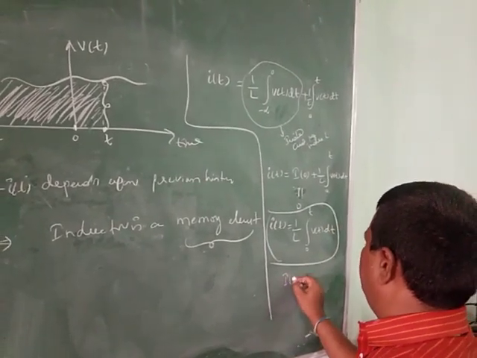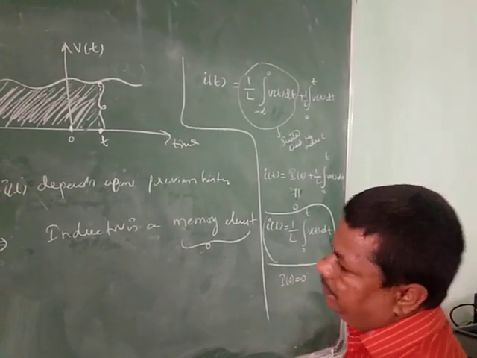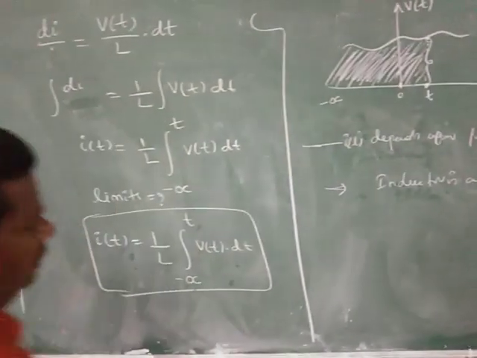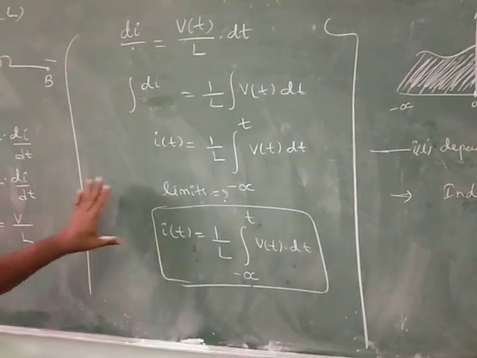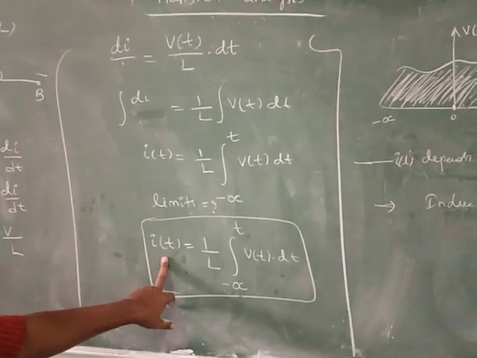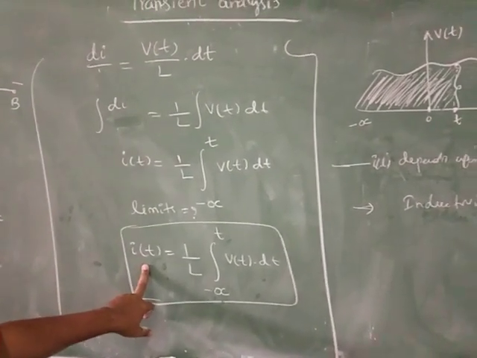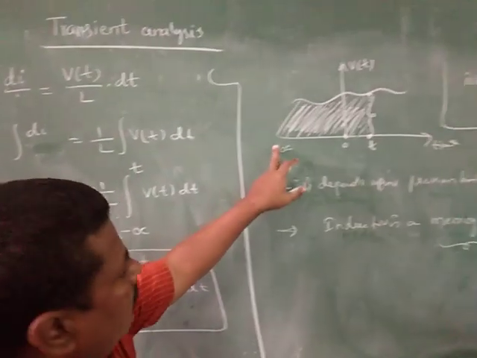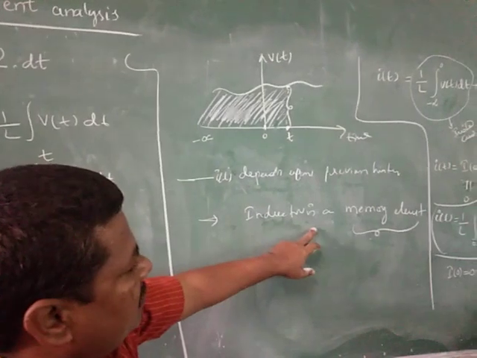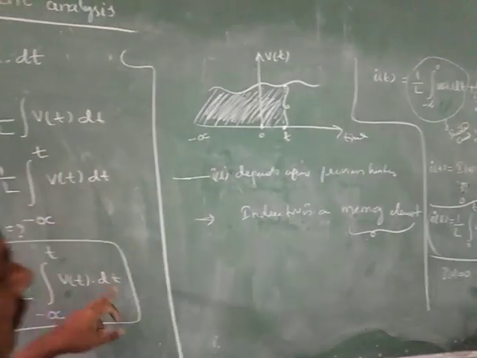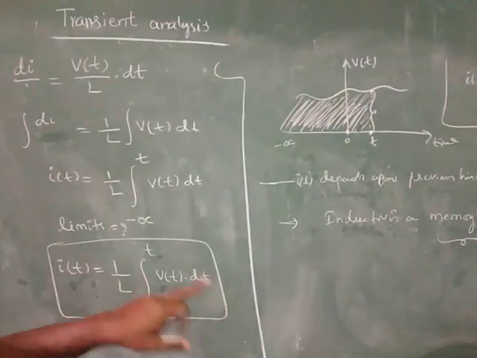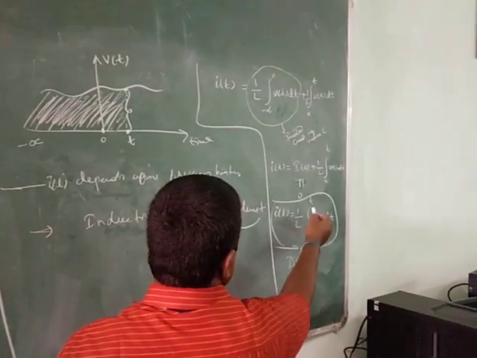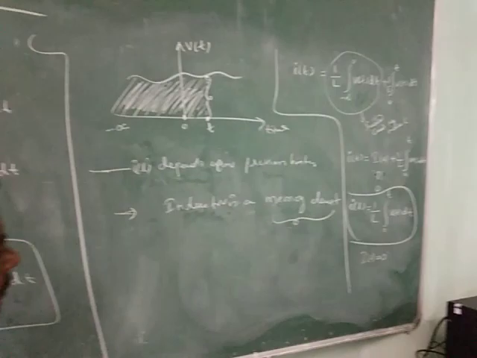So this is about the inductor. The main points are: this is the terminal voltage and current relationship in an inductor, and the inductor is a memory element. If the initial current through the inductor is 0, then the relationship is I of t equal to 1 by L integral from 0 to t of V of t dt.